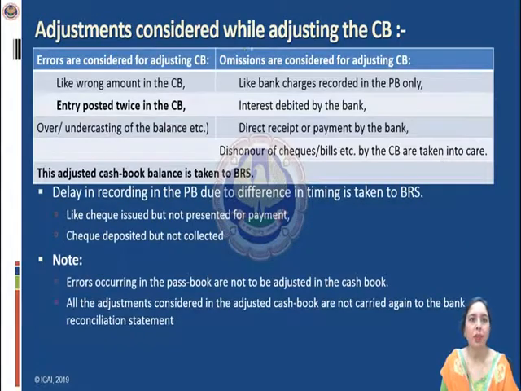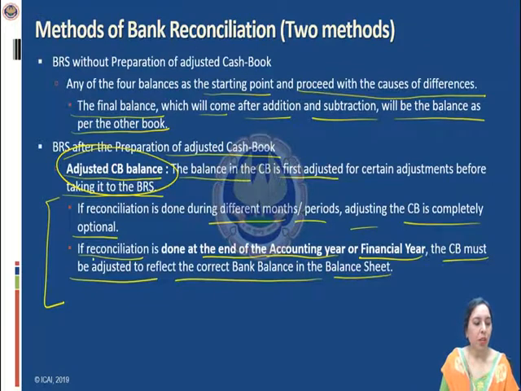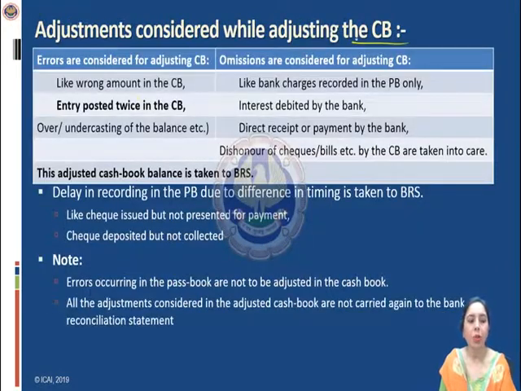Adjustments which are considered while adjusting the cash book. Now, second part: when the BRS is done at the end of the accounting year and the cash book is to be adjusted, what is to be adjusted and how it is to be adjusted is shown in this table, with further explanation. Errors are considered for adjusting the cash book.